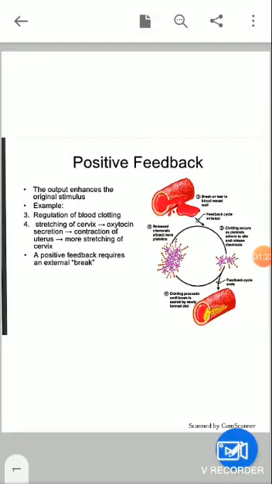Platelet is required to form a clot. So in this blood clotting process, platelet acts as a reactant.